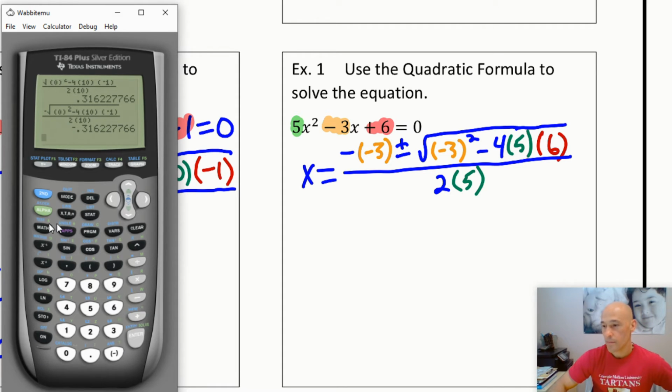Using our calculator. Man, these calculators are great. If you don't have a calculator like this, you can use the Desmos graphing calculator, which will also work.